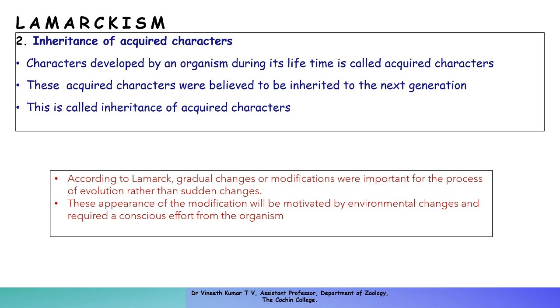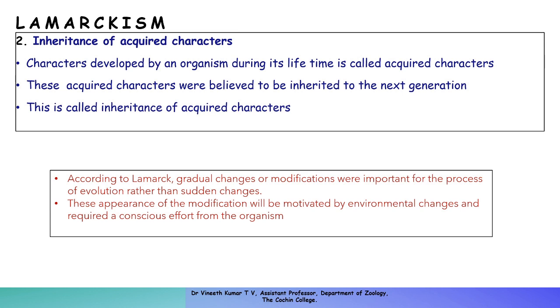So what is the reason why that new character is being transmitted? To explain that, he proposed this theory of inheritance of acquired characters, where he says that whatever character is acquired by the animal during its lifetime will be inherited by the next generation. And this is what is called the inheritance of acquired characters.